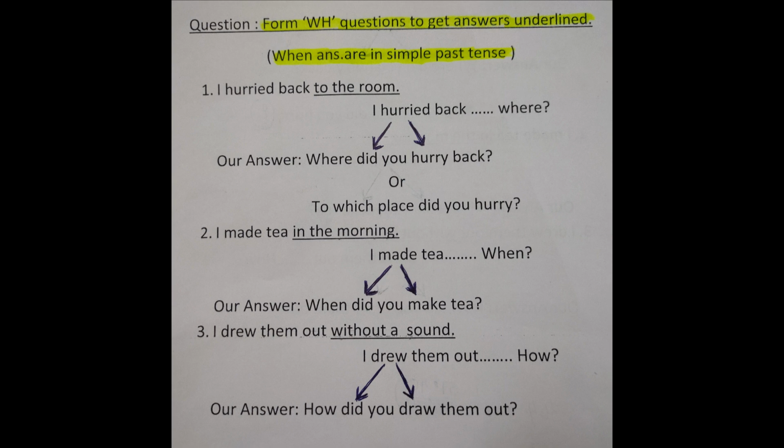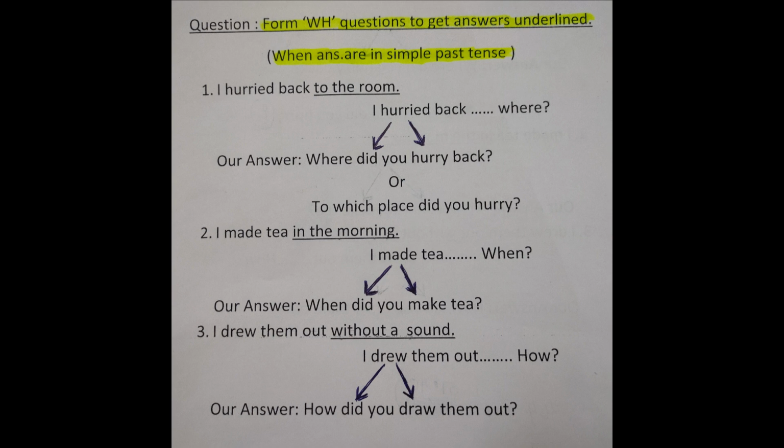Means we are talking here about a place. So naturally, the question will start with the word where. Now friends, we will be taking that word where in the beginning. Now let us concentrate on the remaining sentence. I hurried back. So this is simple past tense. Hurried is the verb.